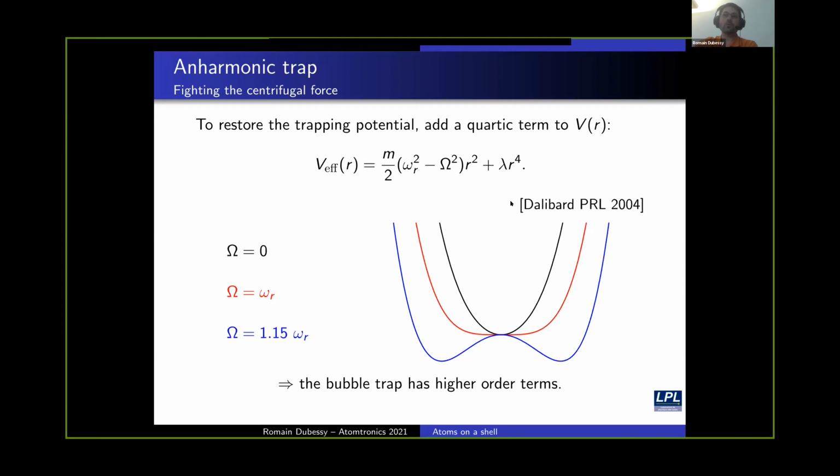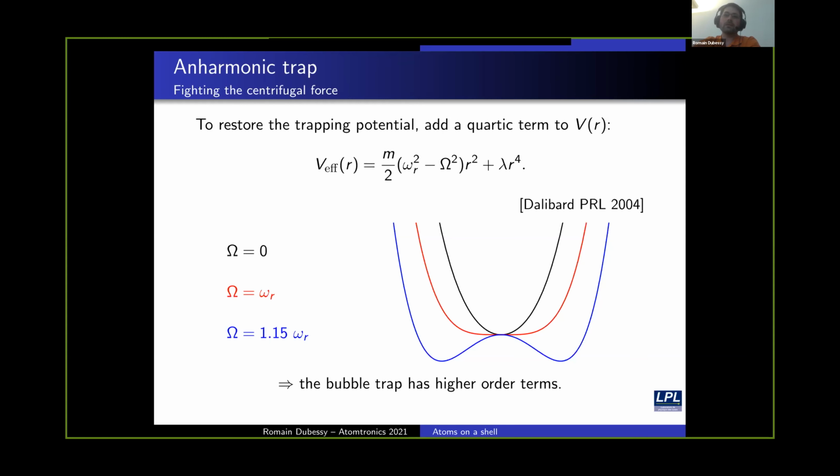One idea that was explored in the group of Jean Dalibard is to add higher order terms in the potential. So for example, quartic terms that help to stabilize the system at large rotations. And in fact, if you go faster than the trap frequency, you will get this kind of Mexican hat potential. And in fact, our trap, the bubble trap, has all these higher order terms because the atoms cannot go far away from the center. They are constrained to move onto the surface.